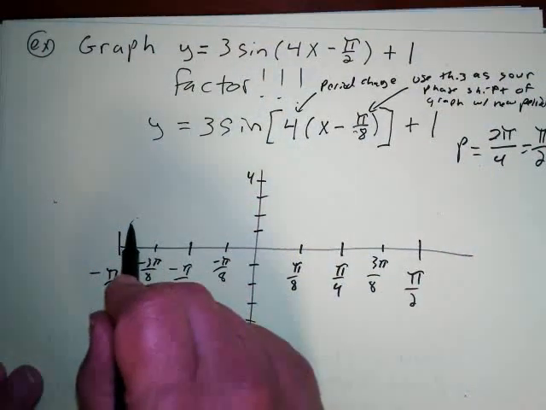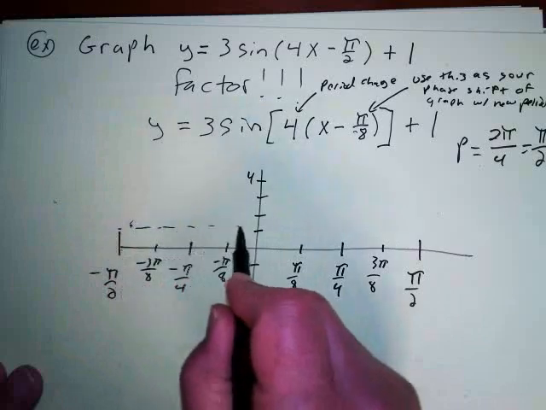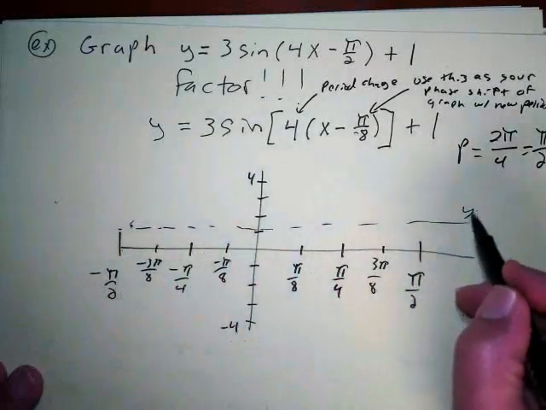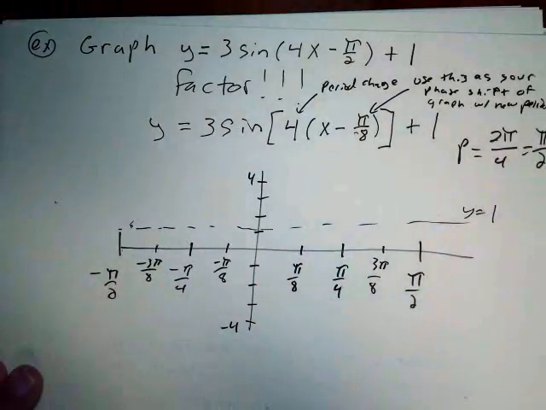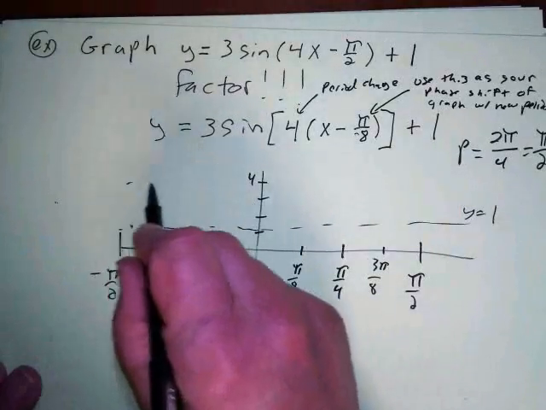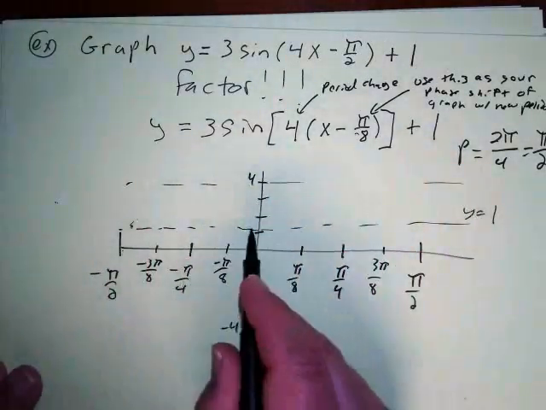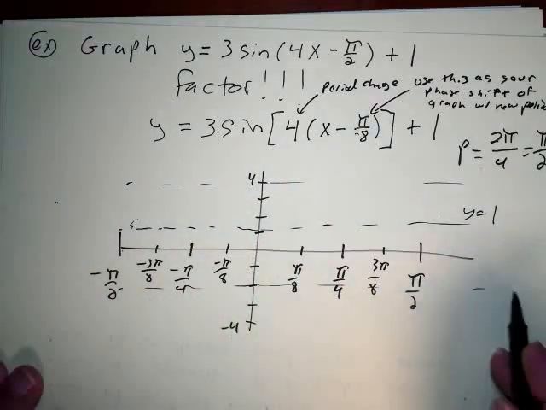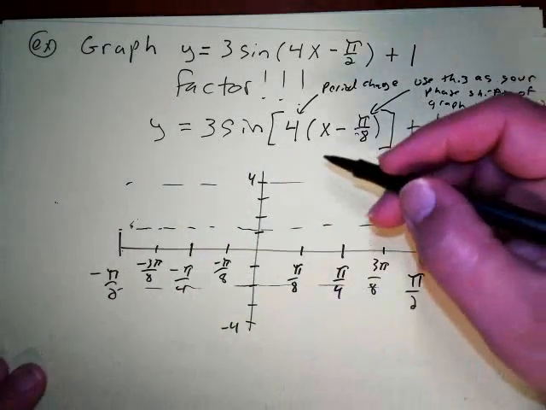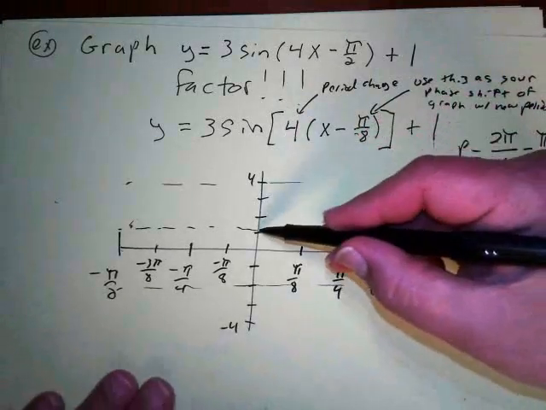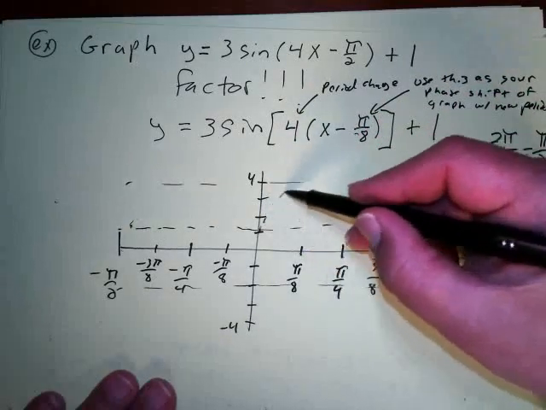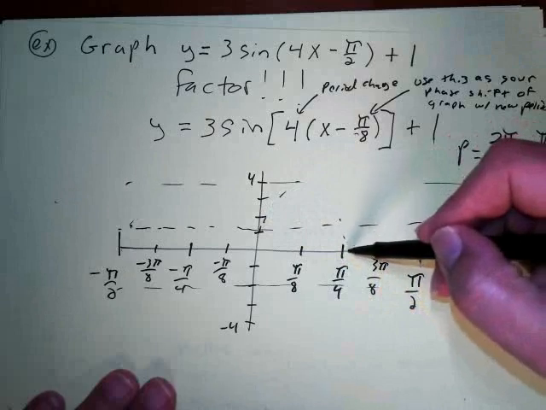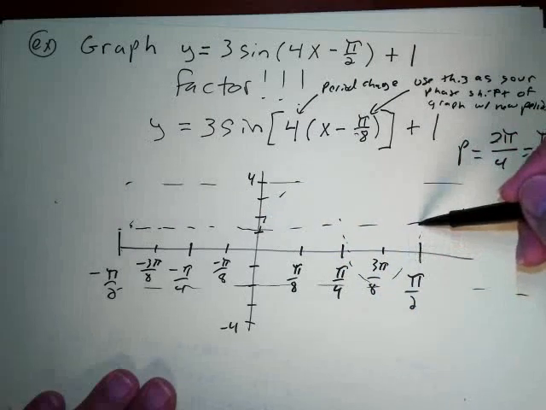And this thing's going to oscillate, right, around y equals 1. Okay? And this will be like the maximum. The minimum is going to be 1, 2, 3 down. So the minimum will be like down here somewhere. Right? And the regular sine would start here and kind of go up, down, down, like that.